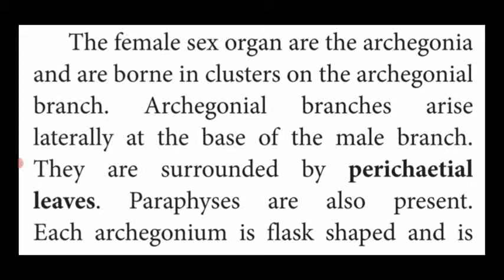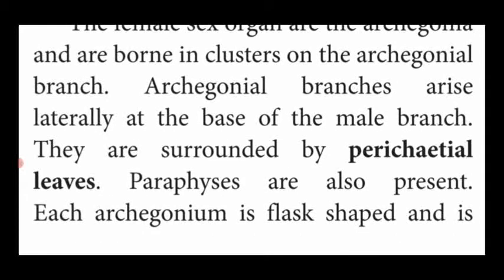Differentiate between perichaetial and perigonial leaves. 1 mark question: the antheridial branches are surrounded by dash leaves, perigonial leaves. Likewise, archegonia are surrounded by dash leaves, that means perichaetial leaves.